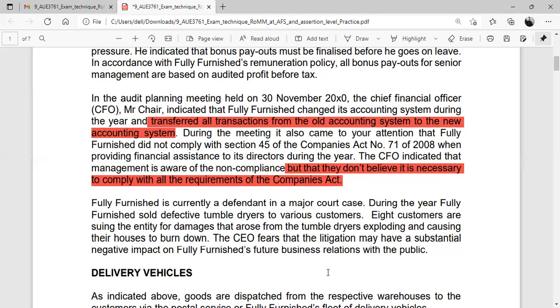What about the court case? What about the fact that they're being sued? Oh yes, that litigation. How can that affect the entire set of financial statements? It will affect their publicity. Investors or clients might not be interested in their business anymore.